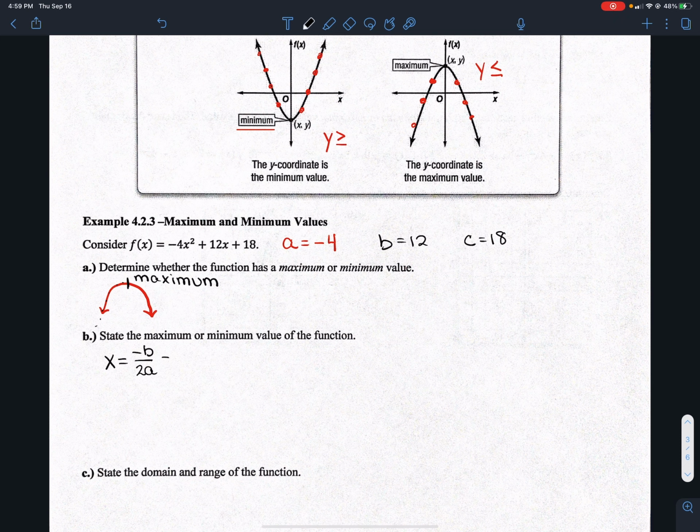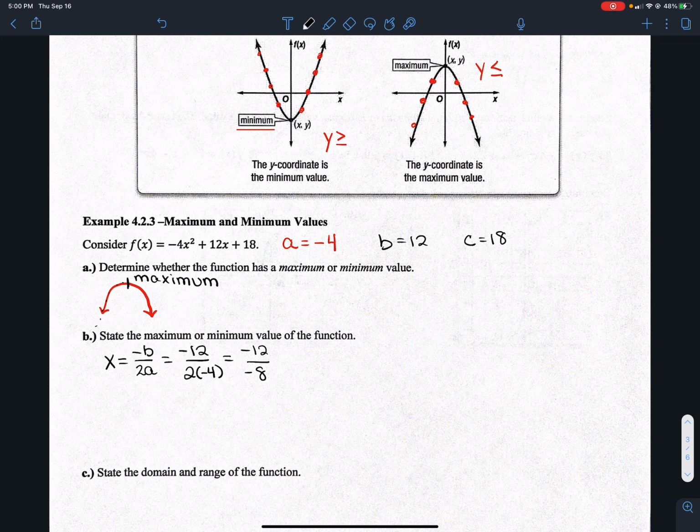So -12 over 2 times -4, or -12 divided by -8. A negative divided by a negative is a positive.